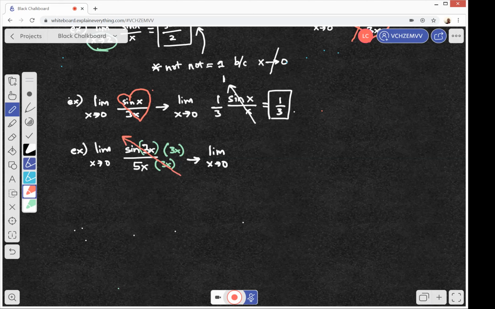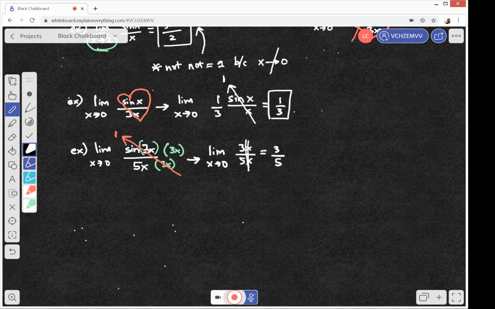The match made in heaven. So that becomes 1. But we still have 3x over 5x. The x's are going to divide out. That becomes 1 as well. And so you just have 3 over 5 as your answer.